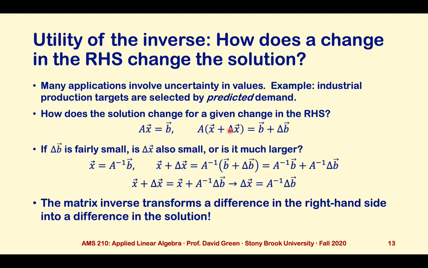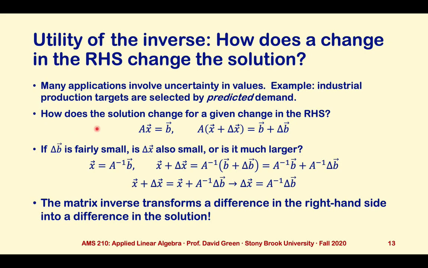On the other hand, if a small change in b, or even a larger change in b, leads to a small change in x, we'd be very confident in using the production targets even though there might be fairly significant uncertainty in demand.